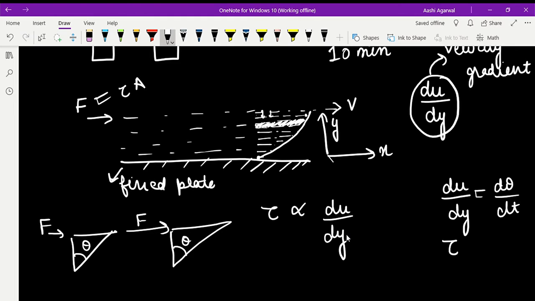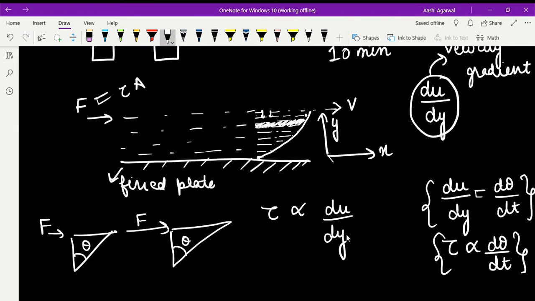Now, this shear stress is directly proportional to d theta by dt. How? Because the more the force applied, the more the rate of deformation. Similarly, it can be proved by geometry that du by dy equals d theta by dt. We have already proved this in class, so I'm not going to look at the derivation again.